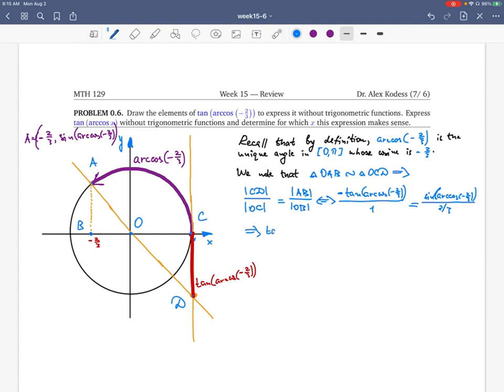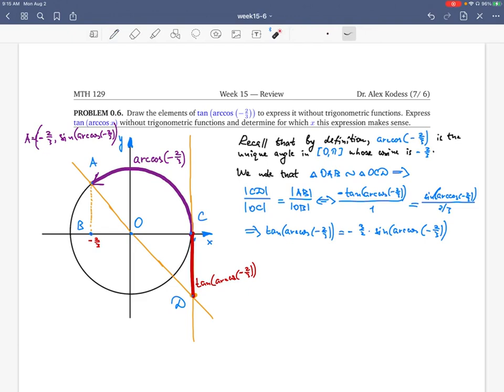So from here, tangent of arc cosine of negative 2/3 equals negative 3/2 of sine of arc cosine of negative 2/3.